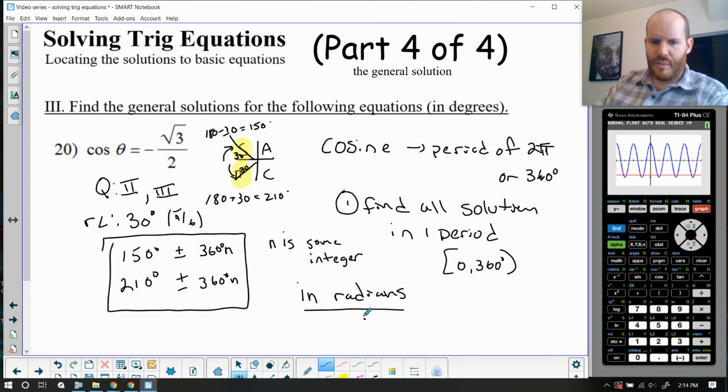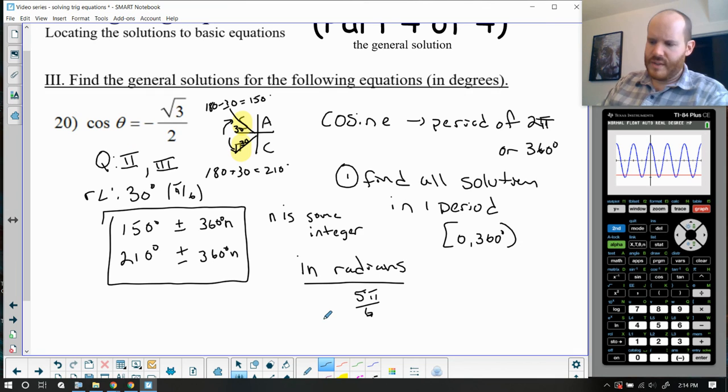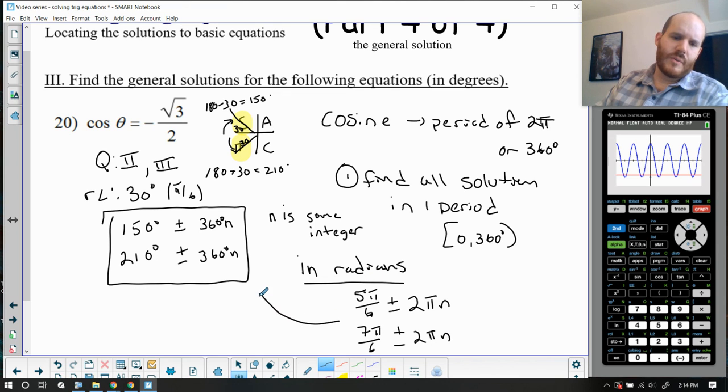So 5 pi over 6 would be my 150, and 210 is going to be 7 pi over 6 if we do those conversions. Rather than adding or subtracting 360 degrees, the radian equivalent of 360 is 2 pi. So I would add or subtract 2 pi n in each of these circumstances, and that would give me the radian equivalent of the general solution.